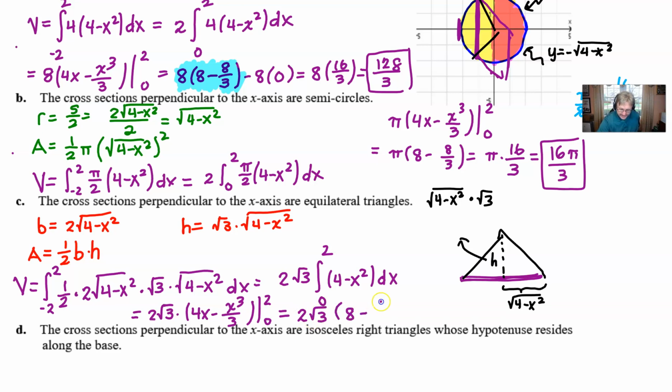Our good friend 8 minus 8/3 shows up again. And that would be 2 square root of 3 times 16/3, right? Remember, 8's 24/3 minus 8/3. And then I suppose if we worked on this a bit, we'd get 32 square root of 3 over 3 as our final answer.